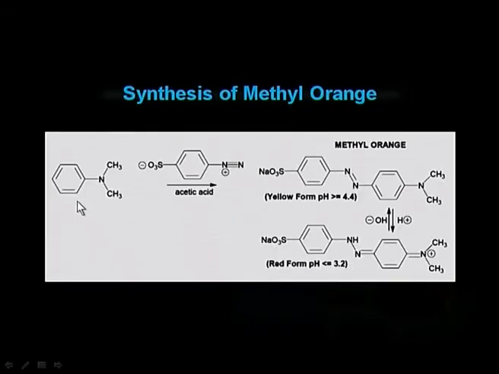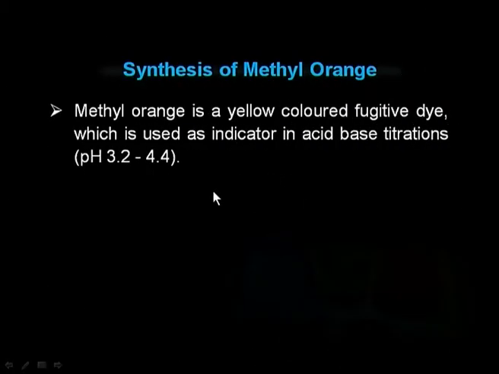So, here is the scheme of reaction for the preparation of methyl orange. N,N-dimethyl aniline couples with diazotized sulfanilic acid and forms methyl orange. Methyl orange is a yellow colored fugitive dye which is used as an indicator in acid base titrations in the pH range of 3.2 to 4.4.